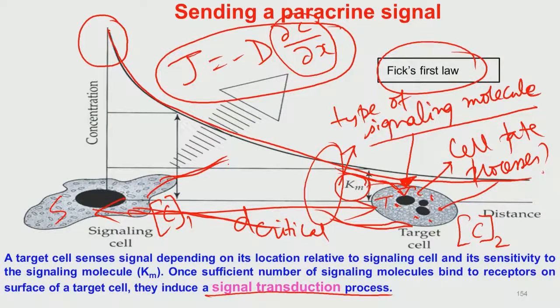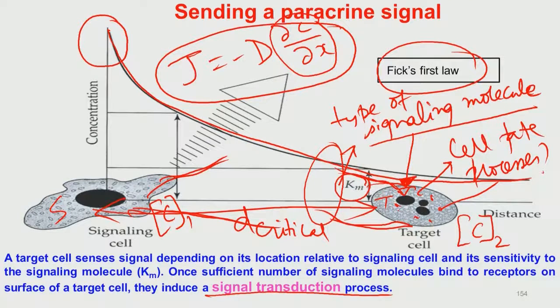if a signaling cell and target cell are separated by a distance of 500 micron, then the concentration of the signaling molecule at the target cell will be too weak to cause any change in the cell functionality or cell fate processes of the target cell.